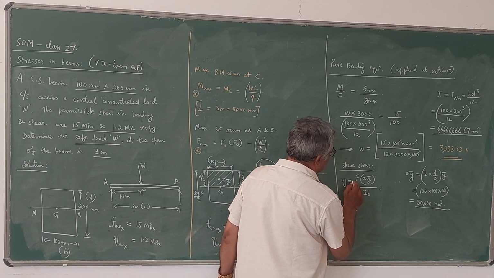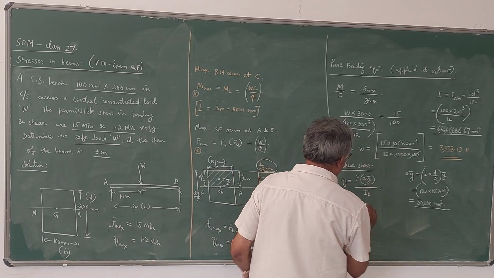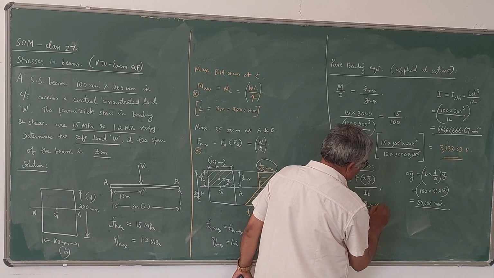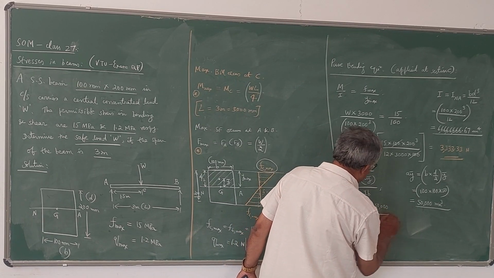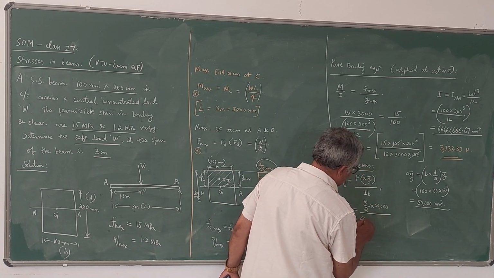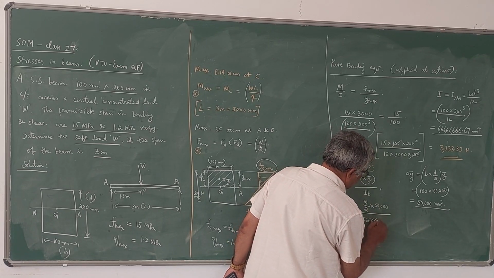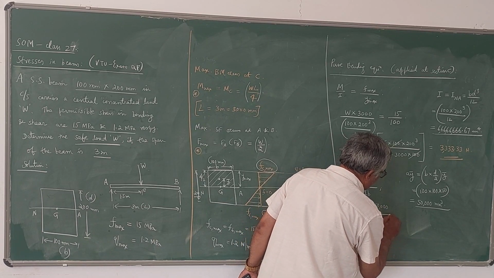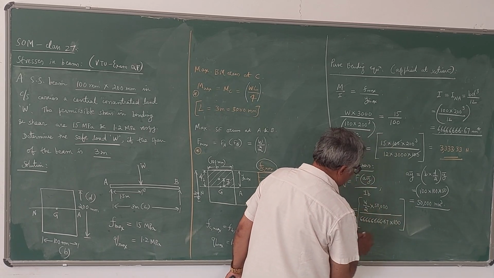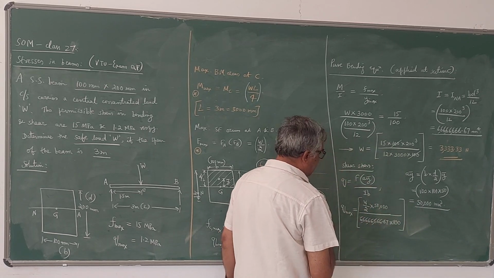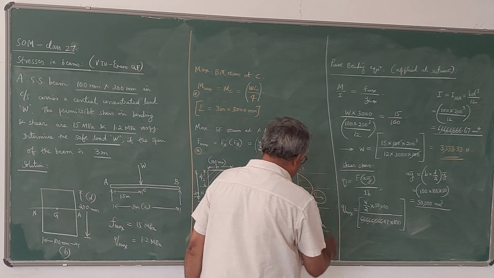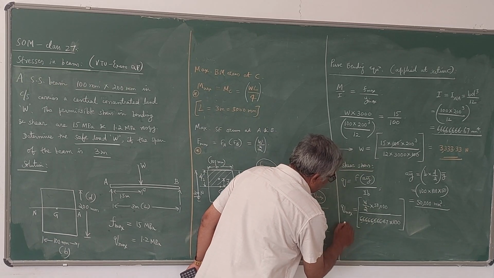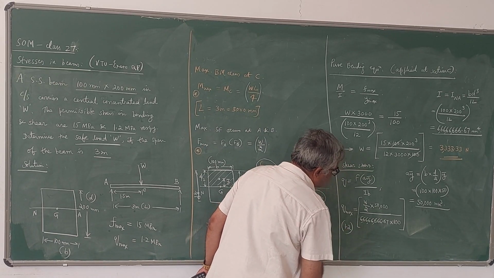Q max is equal to F, which is W by 2, into AY bar, which is 50,000, divided by I, which is 66.67, into B, which is 1.2. So shear stress should not be greater than 1.2, maximum value is 1.2.